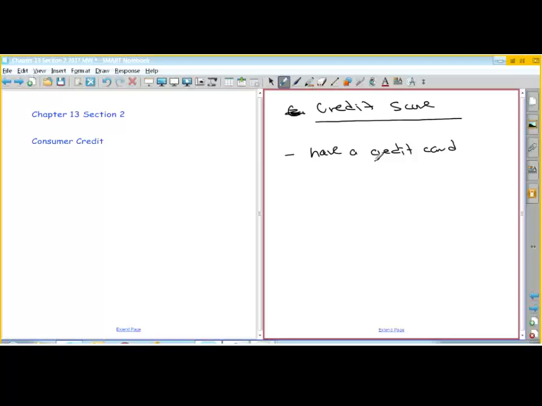You just have to have a history of paying off bills. And that's why even just a credit card with a small credit limit is good, because when you want to extend your line of credit, you're more likely to get that.